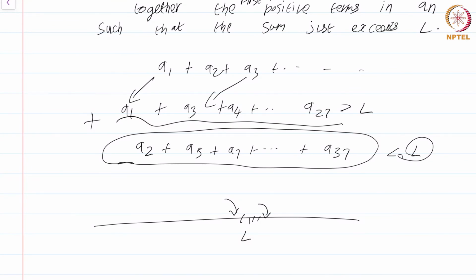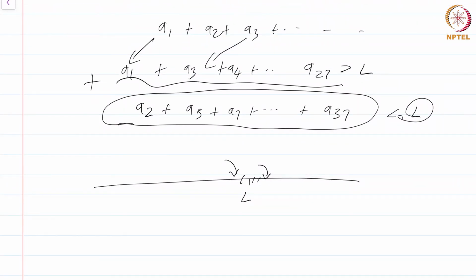Now what you do is the following. You keep adding positive terms again. Let's say a29, a31, till a43. Again, I'm plucking numbers out of the air. And what should happen now? Well, it should start increasing because I'm adding positive numbers till it just crosses over L again.